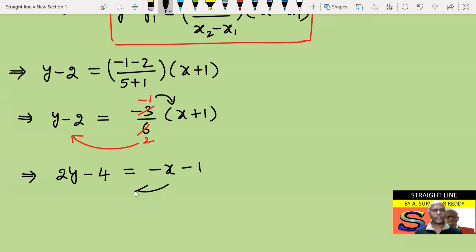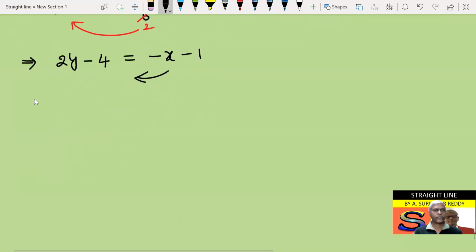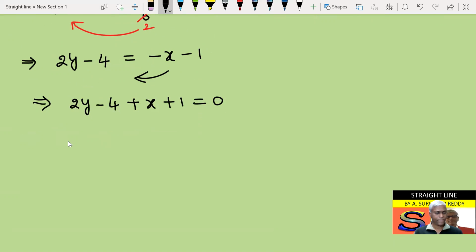So bringing right side terms to the left side, this becomes 2y minus 4 plus x plus 1 equals 0. Write the x term and y term first: minus 4 plus 1 is minus 3, equals 0.